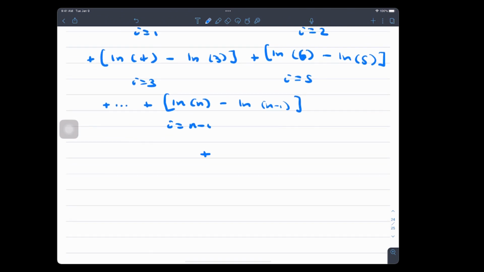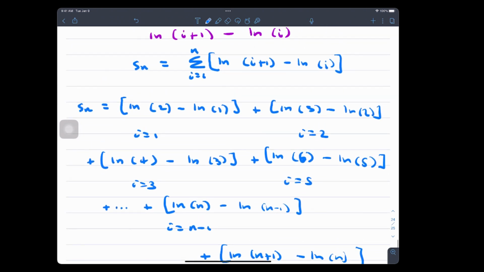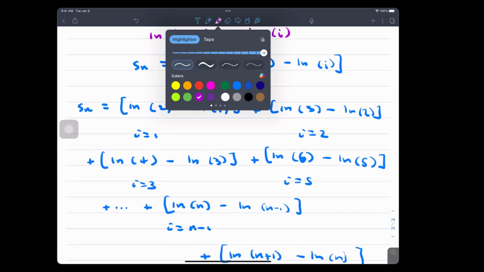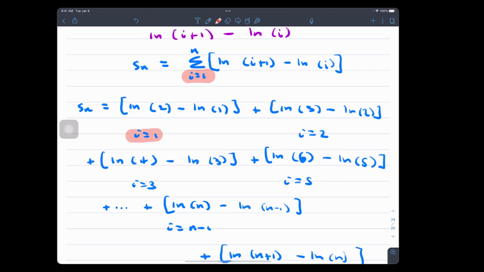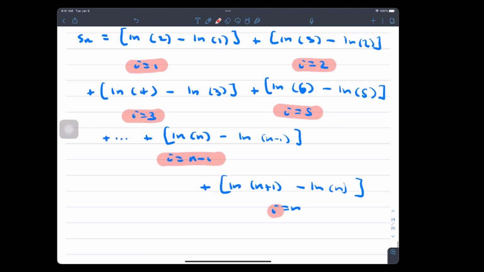And then plus natural log of n plus 1 minus natural log of what? n. Happens when i is n now. So we're going to plug in all of those index values here, right? i is 1, i is 2, i is 3, i is 4, and then n minus 1 all the way up to n.